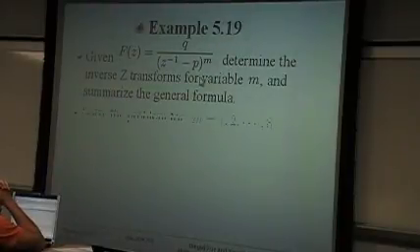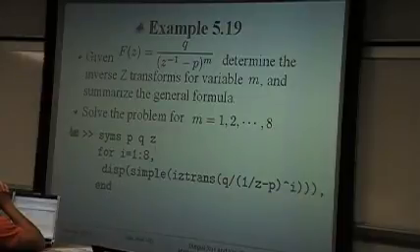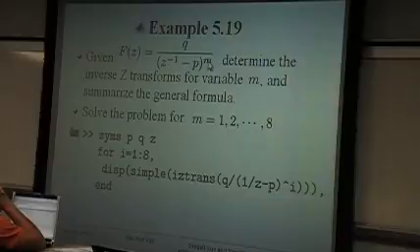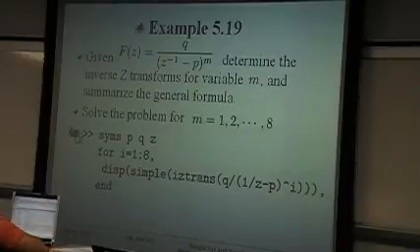For this particular problem, we have to try different values for m, and we can implement it in a loop. For instance, i is the same as m here. So i takes 1, 2, up to 8. And then we can find a series of solutions.